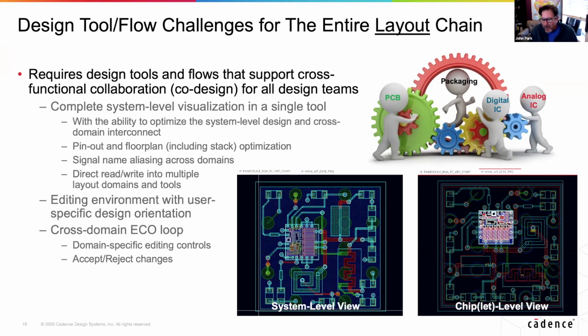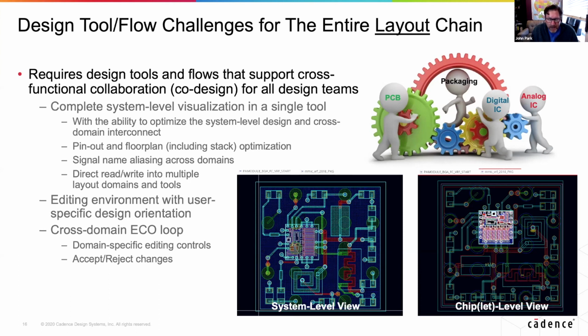And so this, with the orientation of 0, gives you the view you're expecting from an SoC designer's perspective. So this is kind of the baseline. From this, now I can do my co-design, move IOs around, look at different coupling between the top metal layer of the chip and the top metal layer of the package, those types of things.